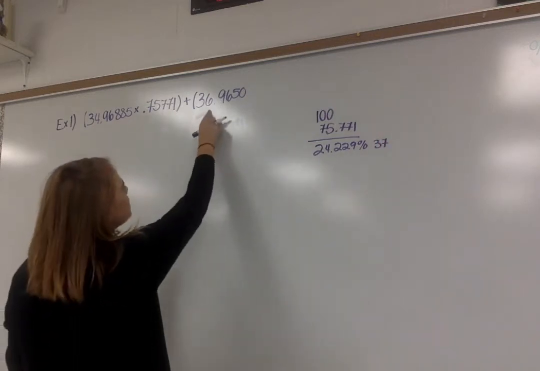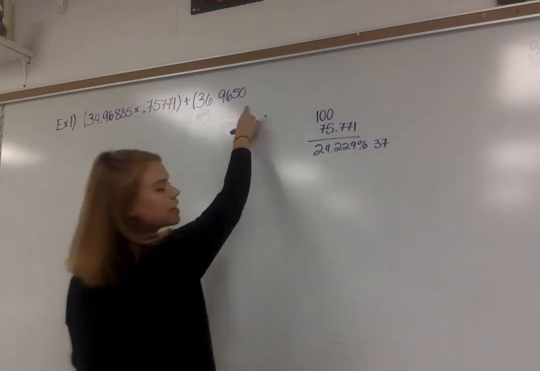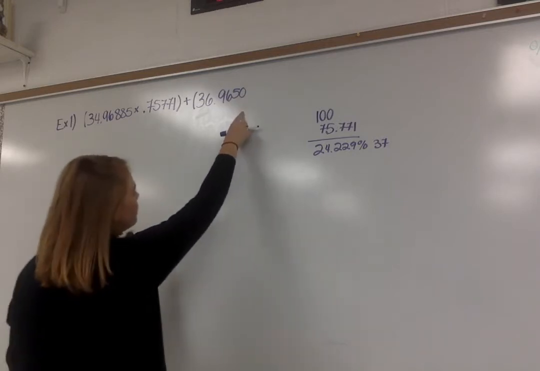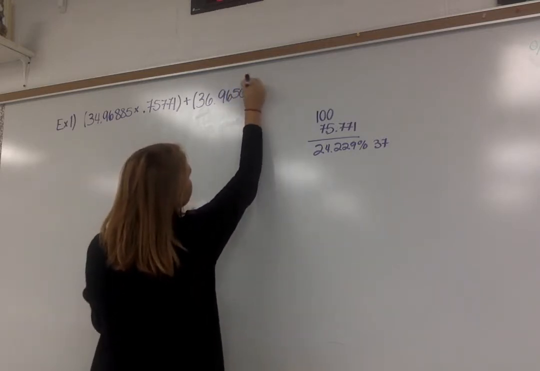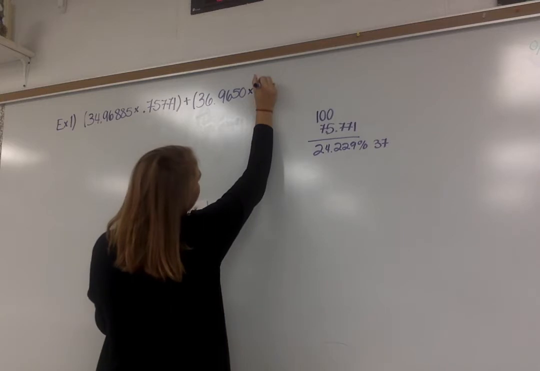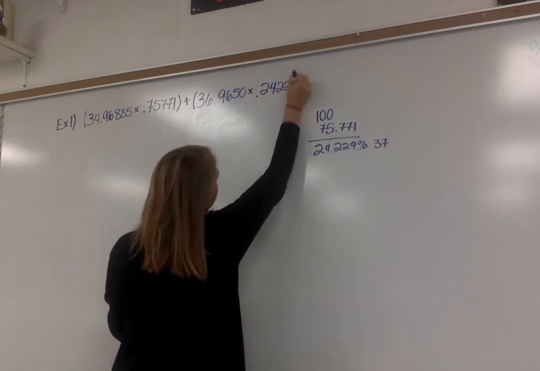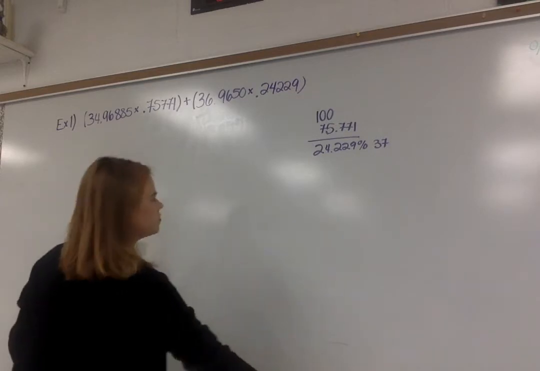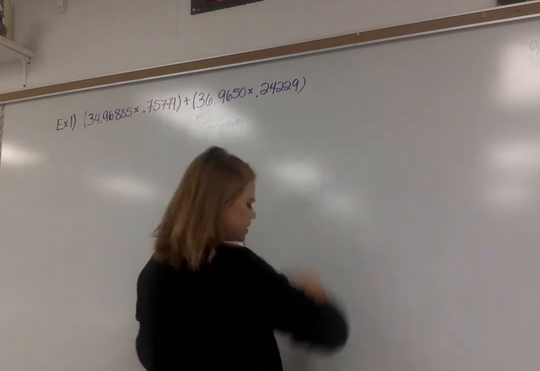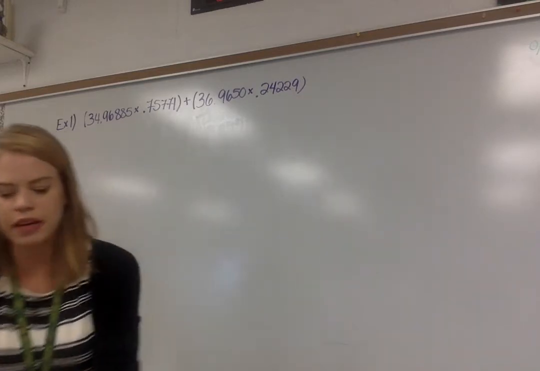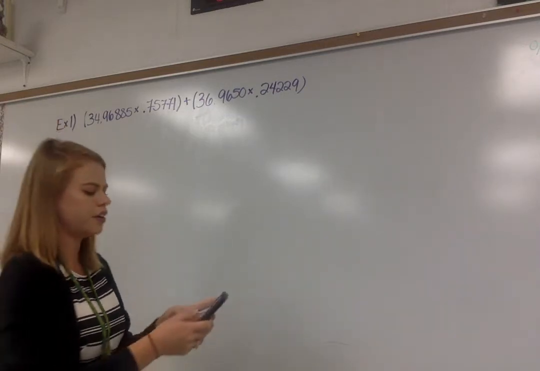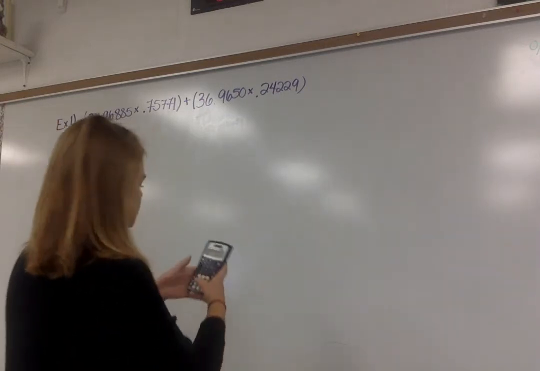So we'll do 36.9651, which is again the mass of chlorine 37 times its abundance, and again in a decimal form would be 0.24229, close parentheses. When we type that into our calculator, make sure that you're using parentheses so your calculator doesn't get the order of operations mixed up.